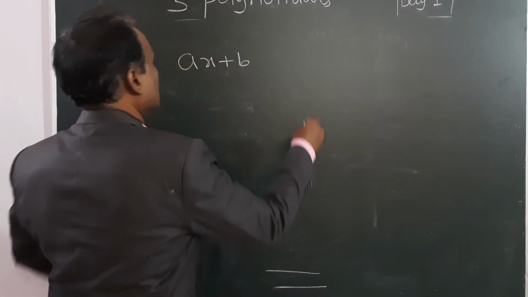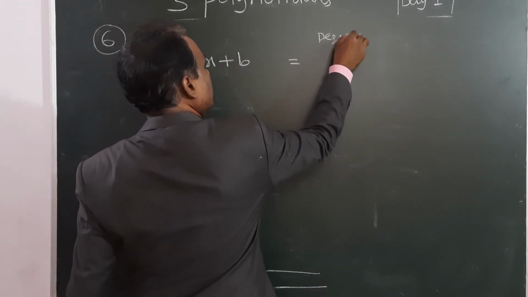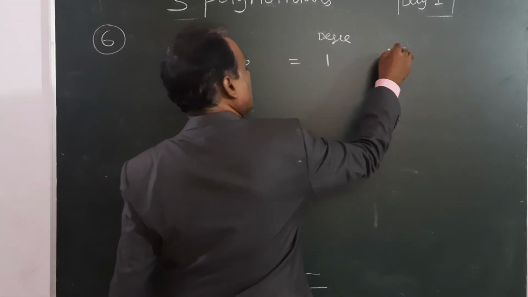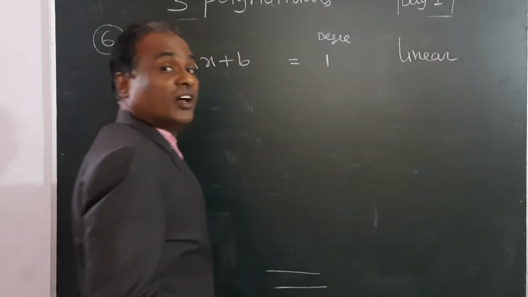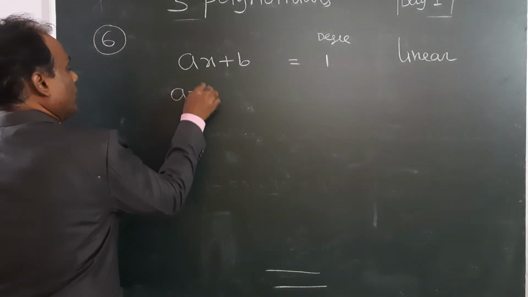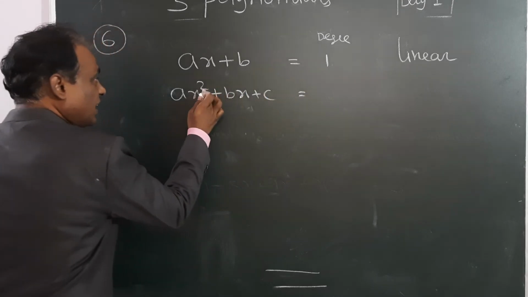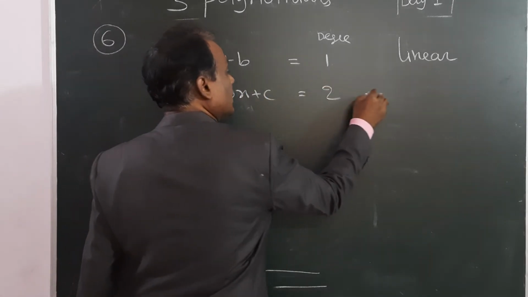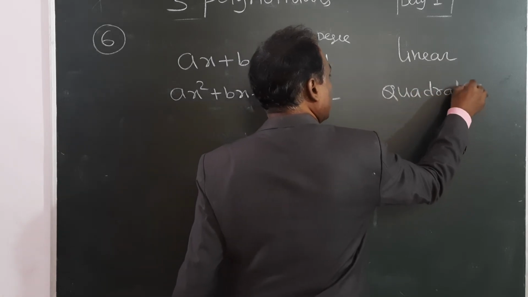Degree is 1. It is also called a linear polynomial. Linear means first degree. Suppose if it is like this, the power is 2, so degree is 2. If degree is 2, it is called quadratic. Quadratic means 2.